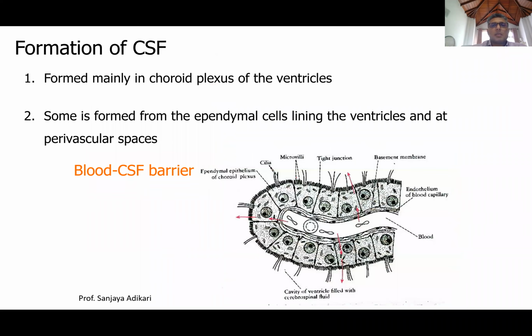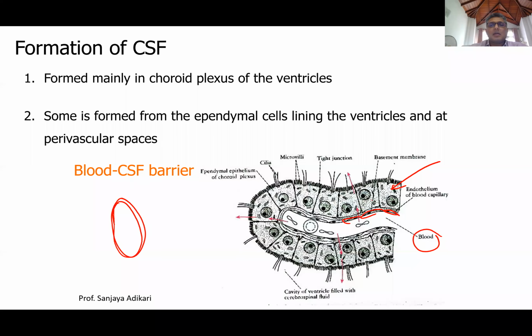This is choroid plexus. Now the choroid plexus is formed by, these are ependymal cells. We said if there's a cavity, the inner lining is by the ependymal cells. Now this is a blood vessel with its endothelium here.